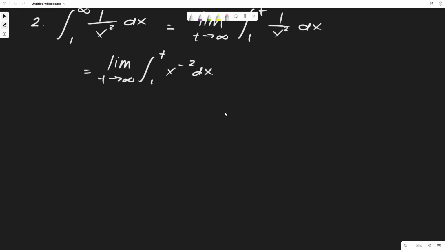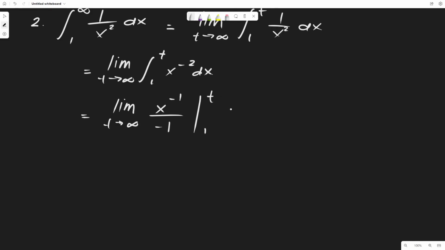Sorry about that. So, solve natin tong integral na to. We have the limit of x raised to negative 1 over negative 1. Diba, remember, negative 2 plus 1 over negative 2 plus 1. Kaya siya naging ganyan. Then, from 1 to t, as t approaches infinity.